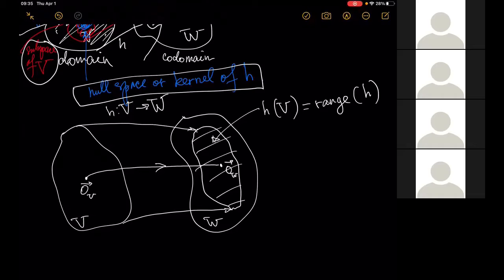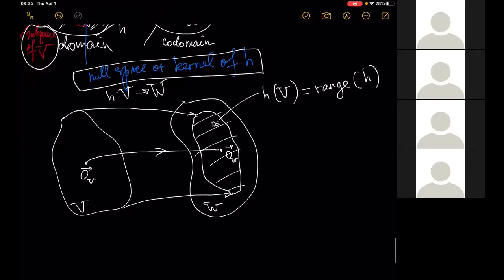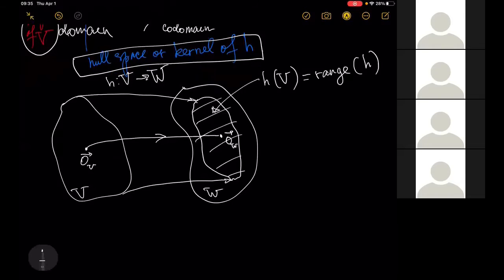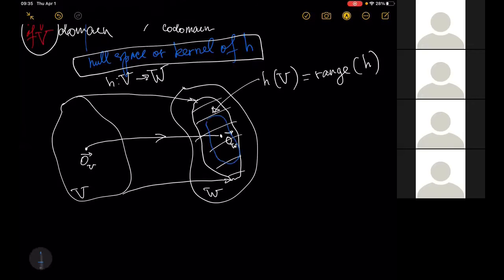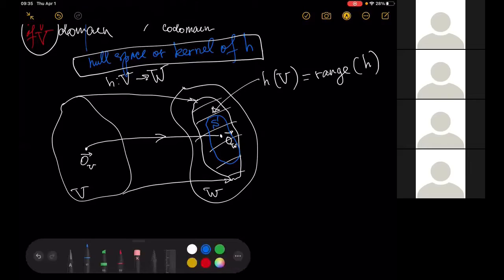Now, if I choose some subspace inside of my range, right? So subspace S. Okay, then first of all, we know that all subspaces contain a 0 vector, so it will contain a 0 vector.